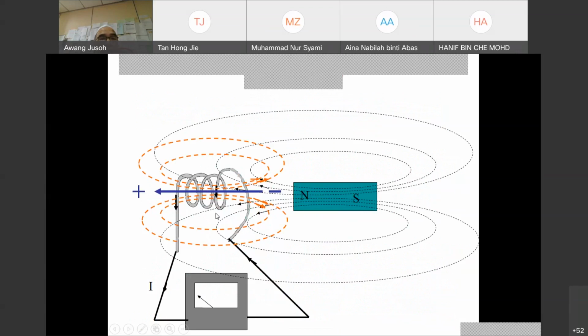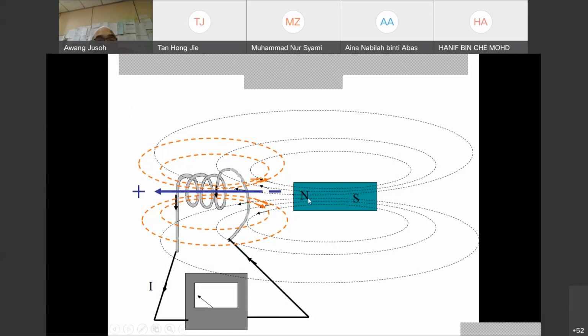Okay, now we go to this one. We have a few minutes to go. This is our magnetic bar, north and south pole. This is fixed. This is a coil. So what happens now?